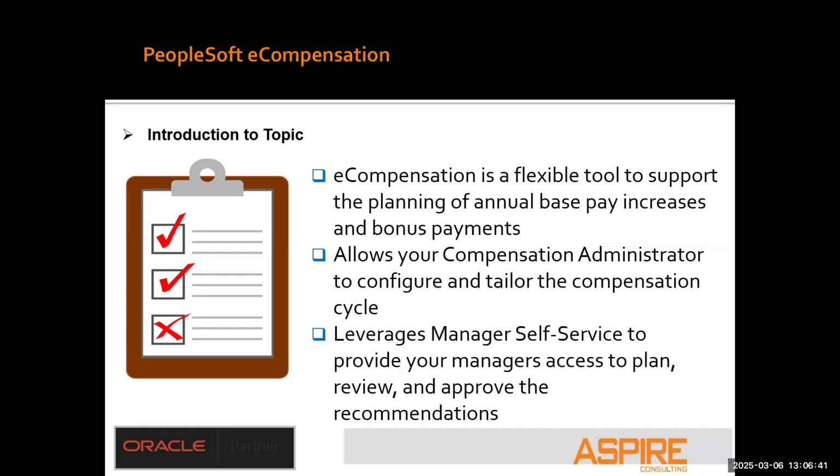It's most commonly used for annual increases, but in reality, you can leverage it for other increases that you might need to do for specific populations. So it's pretty flexible in that regard. And it does leverage manager self-service to allow your managers to review, update if needed, and approve any recommended increases.